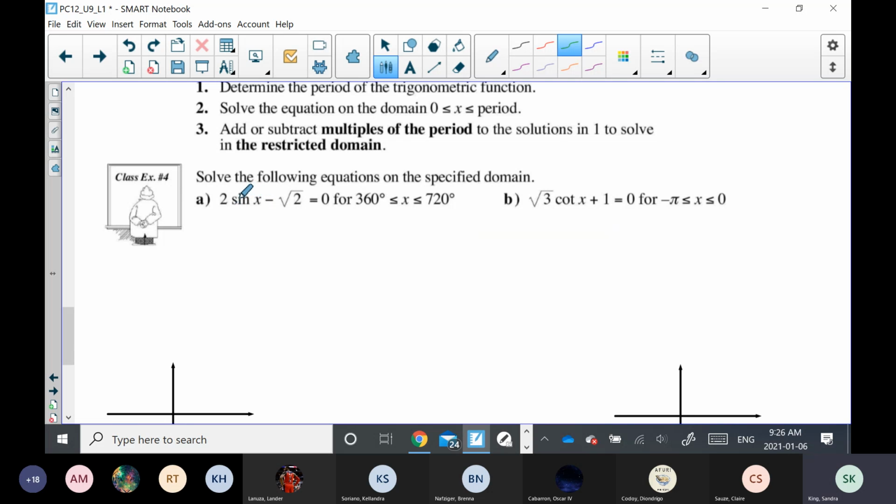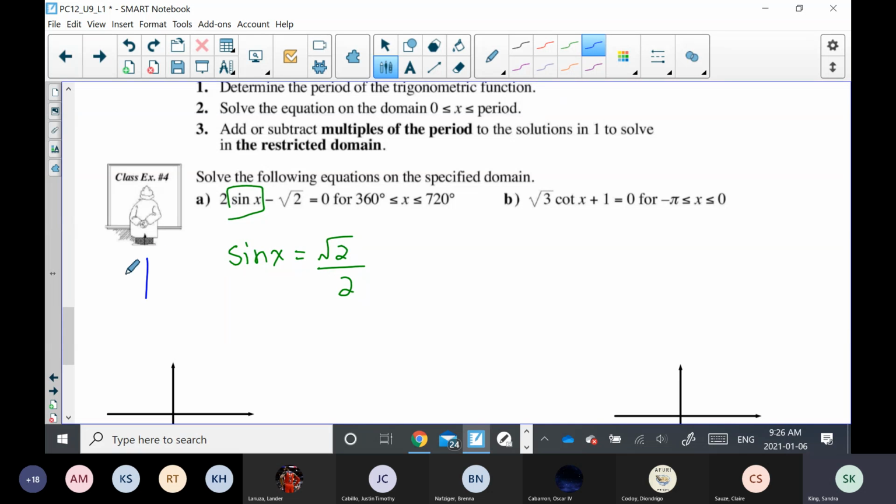Once you isolate sine of x, what is that going to be? Justin, could you tell me what you got sine of x to be? I got root 2 over 2. Yes, root 2 over 2.